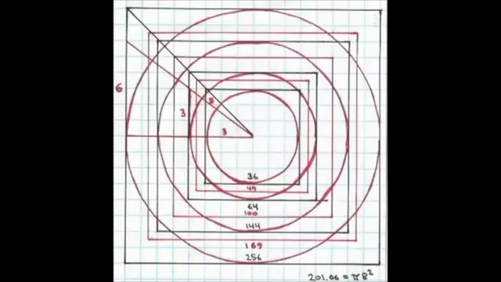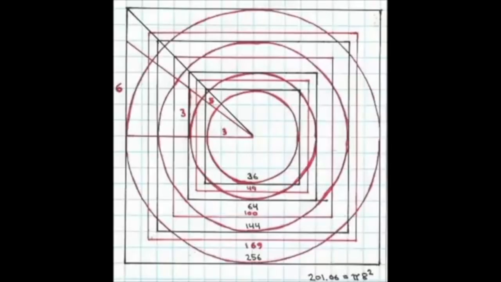Here we may see that the 7 by 7 equals 49 square approximates the circle of 50.27 between the squares of 6 by 6 equals 36 and 8 by 8 equals 64.